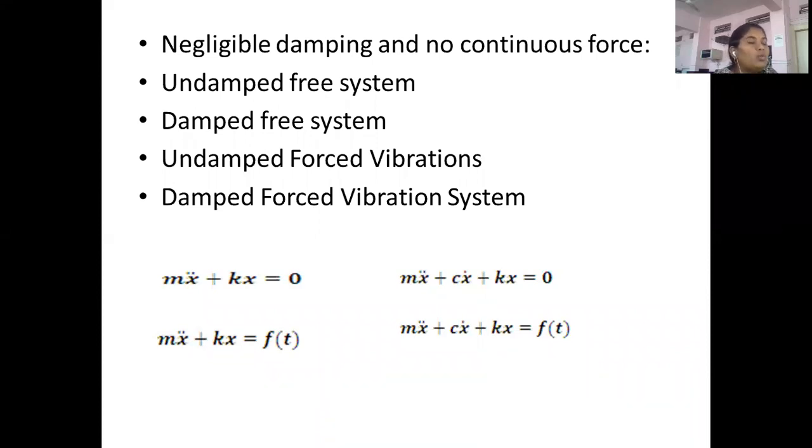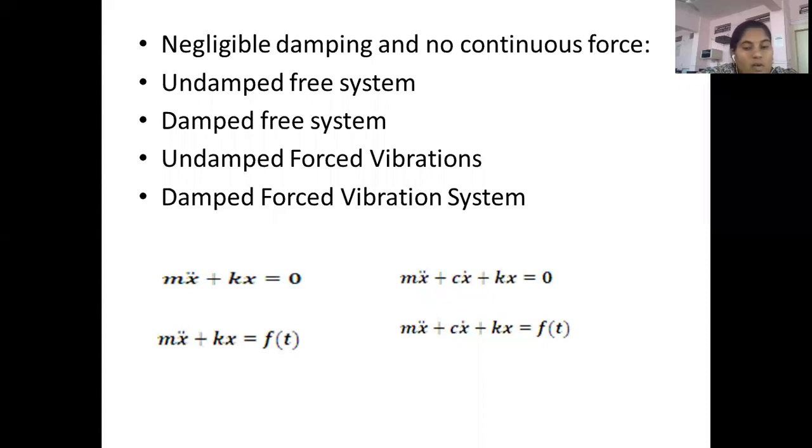X dot is equal to dx by dt, which is velocity, and below this write down x double dot is equal to d2x by dt square. d2x by dt square means double derivative of displacement.